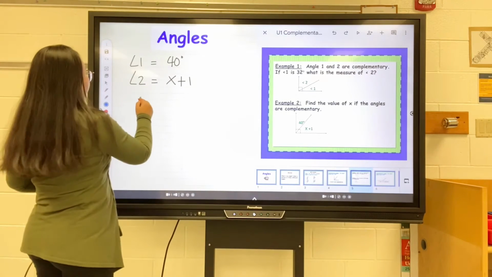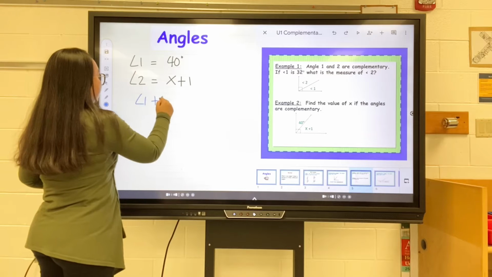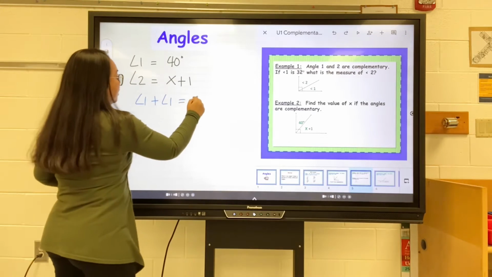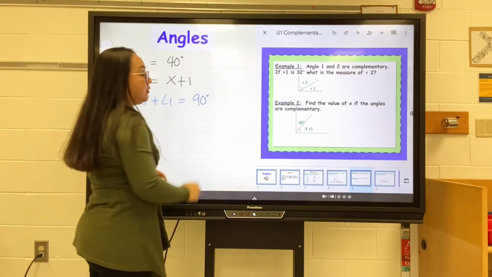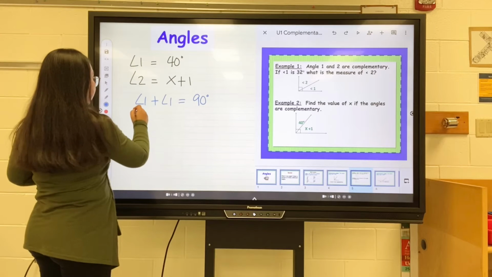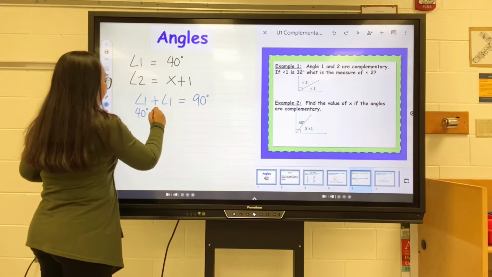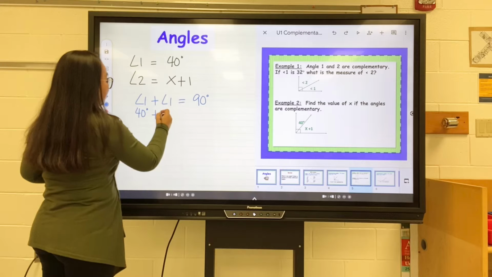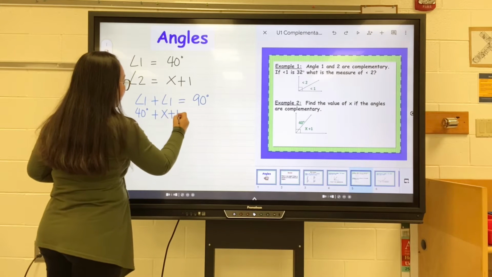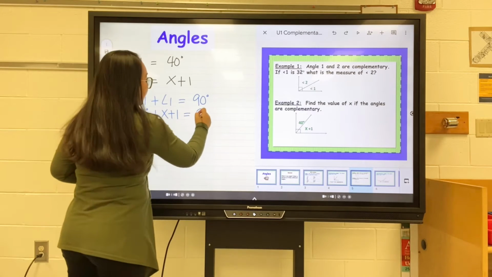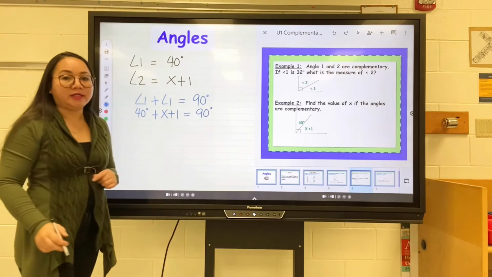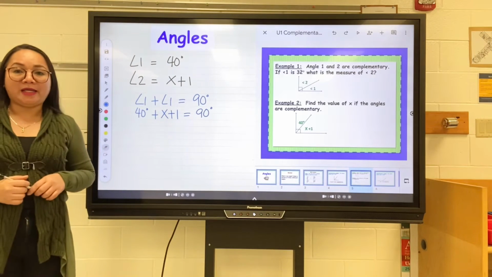Angle 1 plus angle 2 is equal to 90 degrees. And we know that angle 1 is 40 degrees plus angle 2 is x plus 1, which is equal to 90 degrees. And then combine like terms.